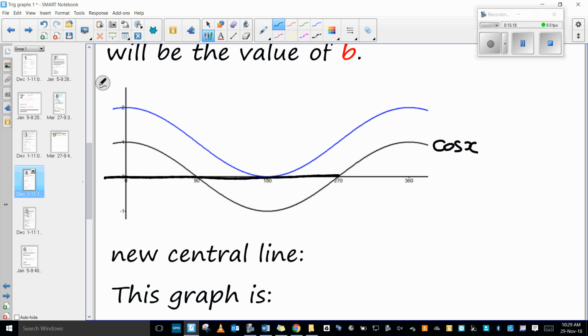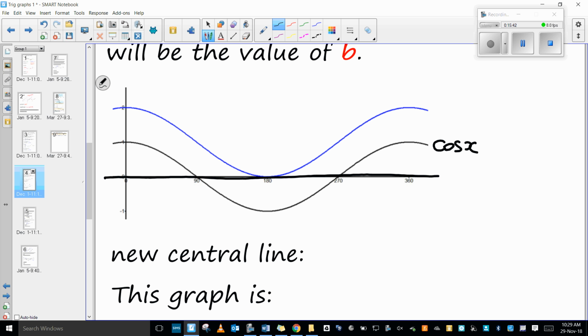If we establish where our new central line is, because sometimes it's easier to find where the central line is rather than anything else. You could look at this point here and say, how many units has that moved up? That's definitely an option. But you may also like to use this point here as your point of reference.